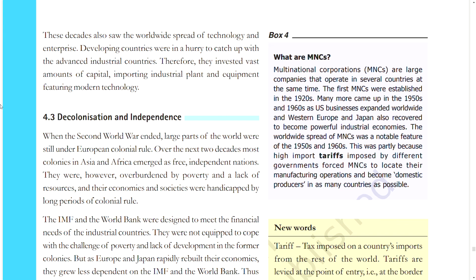The worldwide spread of MNCs was a notable feature of the 1950s and 1960s. This was partly because high import tariffs imposed by different governments forced MNCs to locate their manufacturing operations and become domestic producers in as many countries as possible.